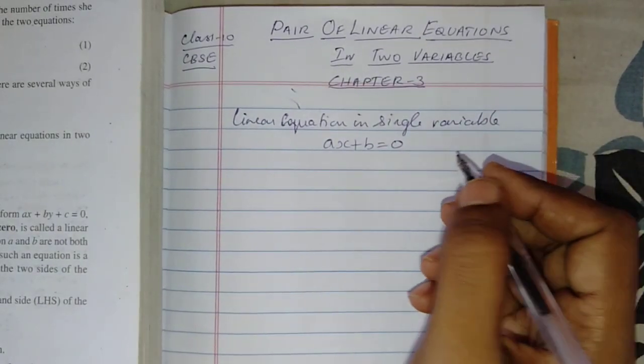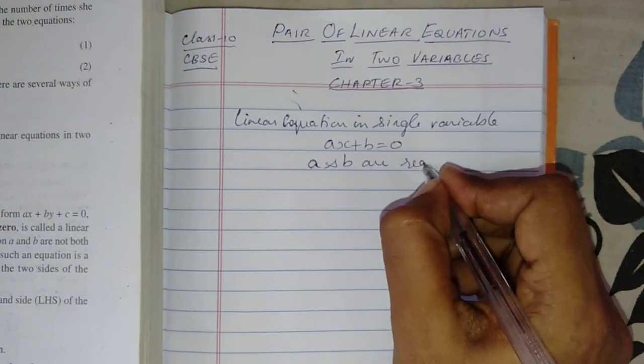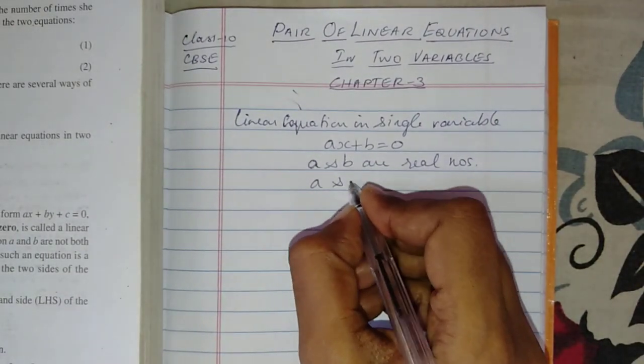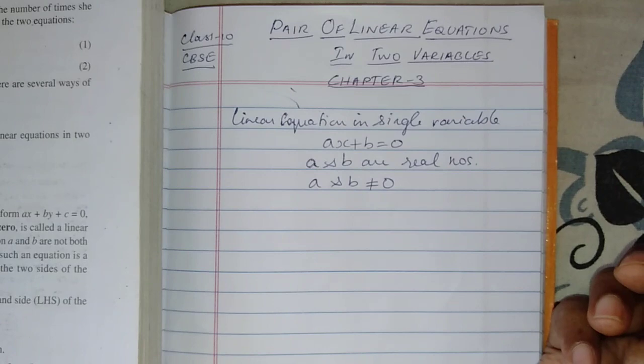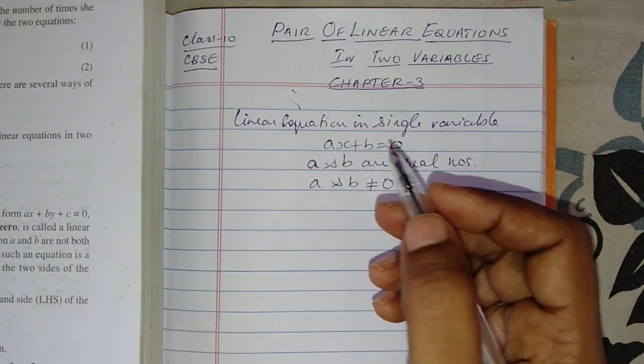Here we have certain conditions: a and b are real numbers and a and b are not equal to 0. Here x is the variable and a will be the coefficient of x.